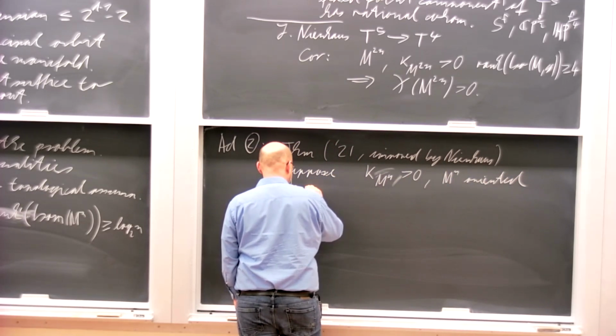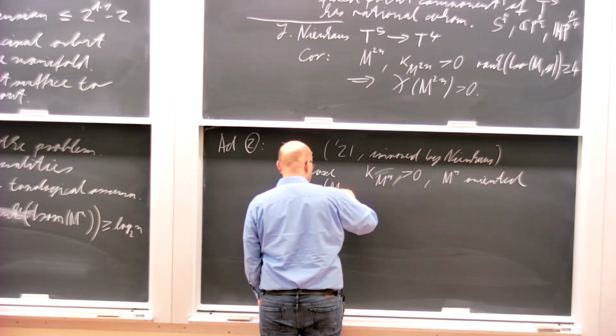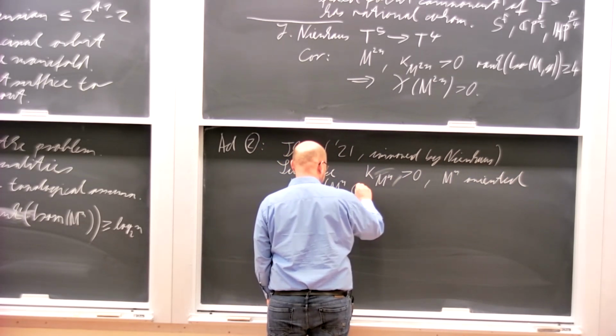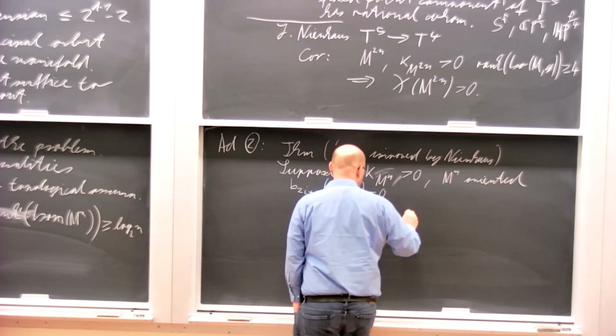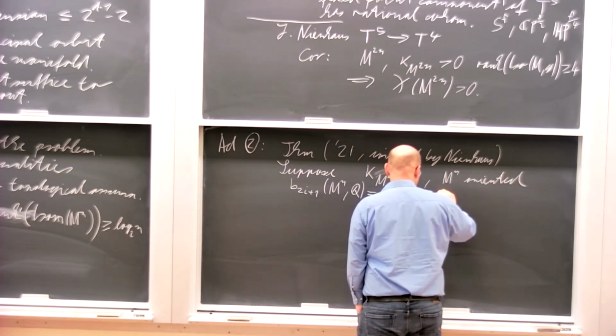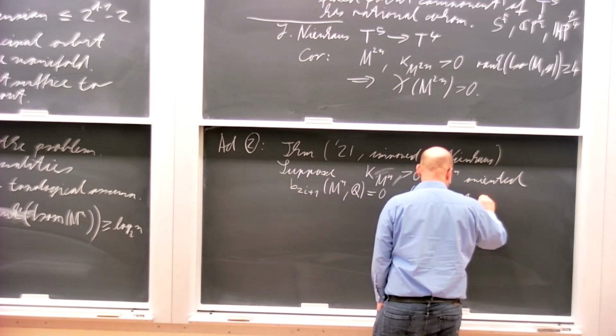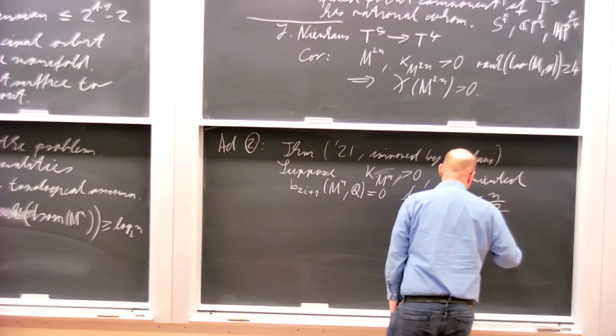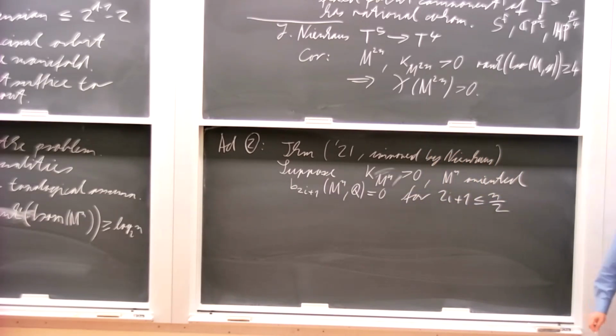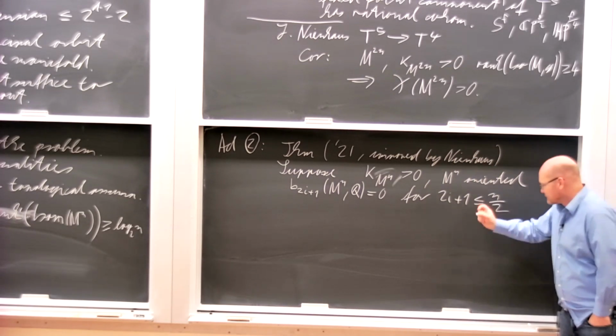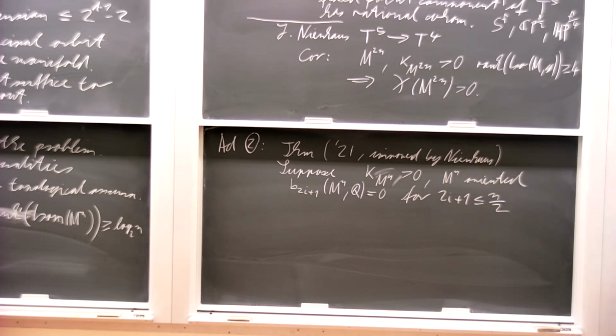So the odd Betti numbers of M^n are 0 for 2i+1 less than n/2. So on the first half of the cohomology ring we have no odd Betti numbers. In the even dimensional case, no odd Betti numbers; in the odd dimensional case, no odd Betti numbers in the first half of the cohomology ring.